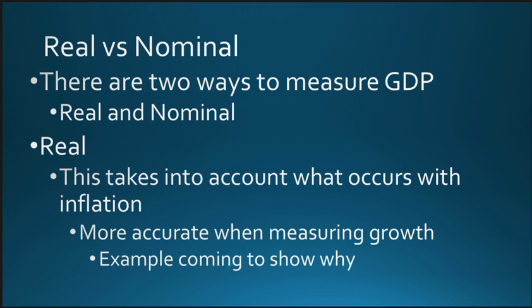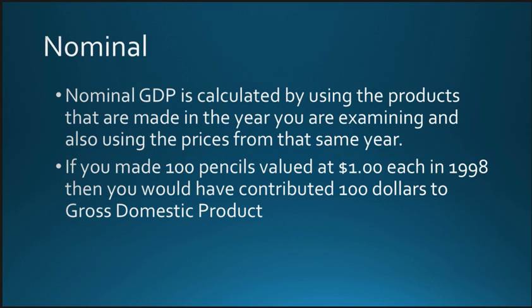The size of the candy bar didn't change, but everything has gone up too. Wages have gone up too, which you'll cover in a later lesson. That would be from demand pull inflation, cost pull inflation, but again, we'll be talking about those later on. The thing that's really important to take into account is that real gross domestic product is the most accurate when measuring growth, and we'll show an example in just a moment.